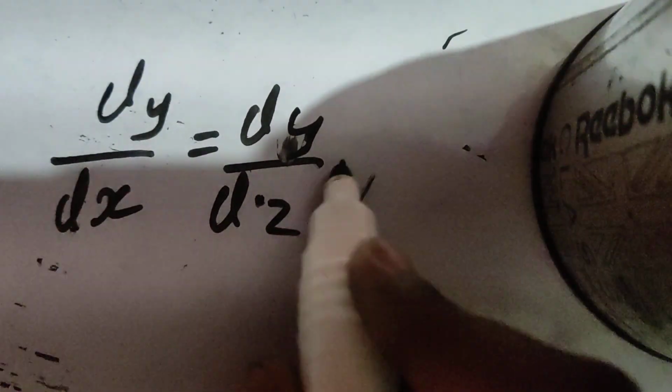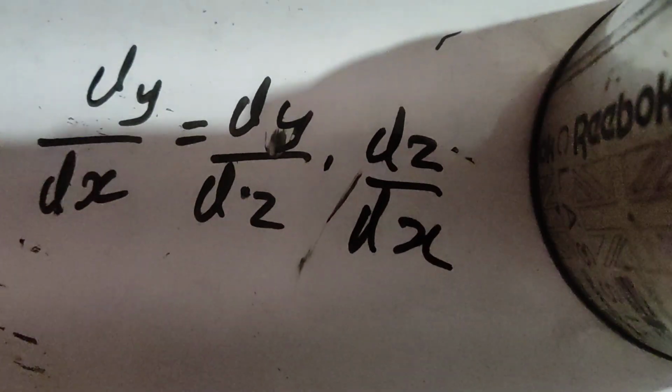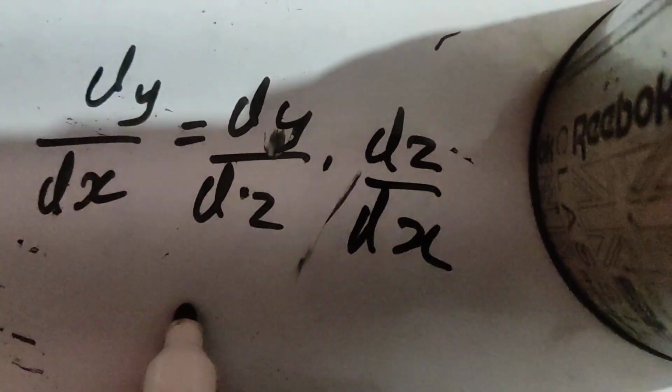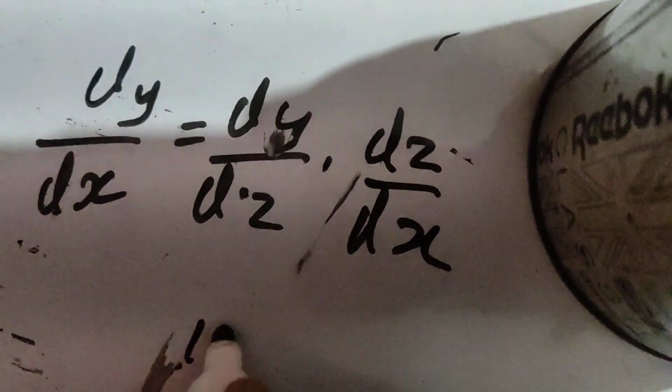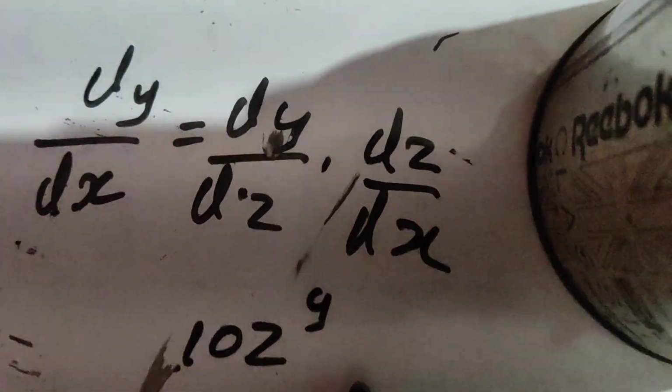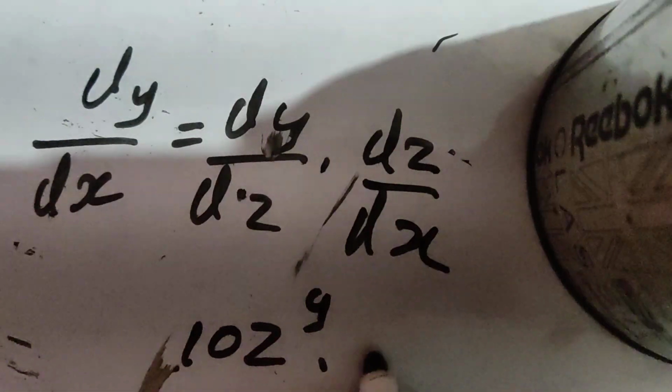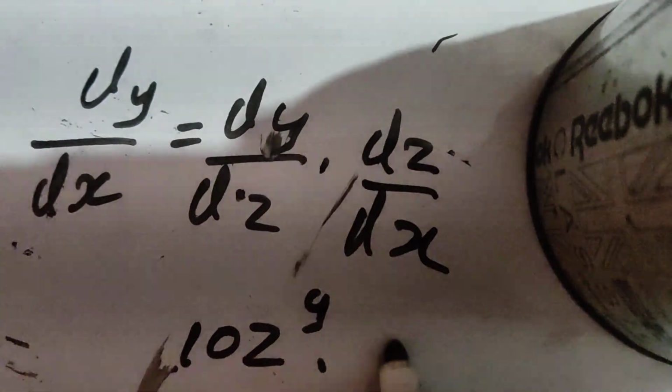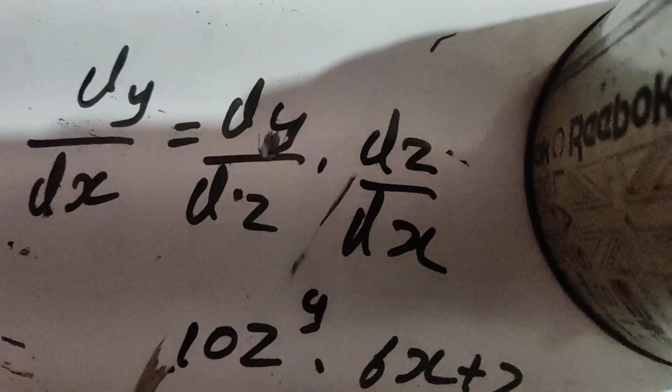Okay, now it's better. dy by dx. We'll put the values. dy by dz times dz by dx. I will put the values here. The value is 10 z to the power 9. The product of this is like 6x plus 2, right?